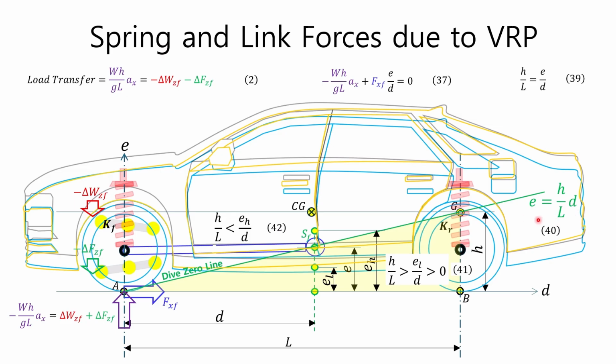Equation 40 represents a straight line passing through the origin A with a slope of h divided by L. Therefore, this equation can be represented by the green straight line in the figure.